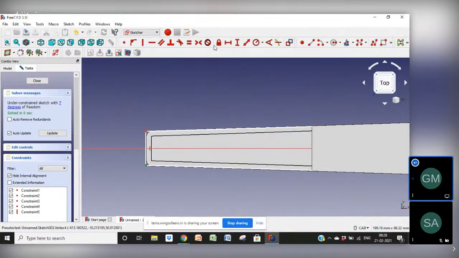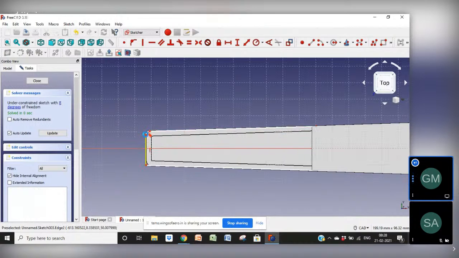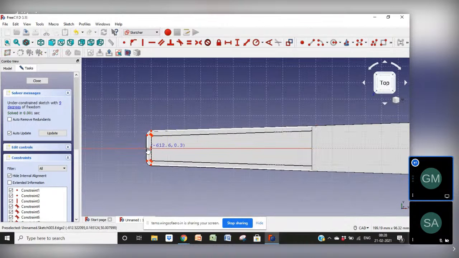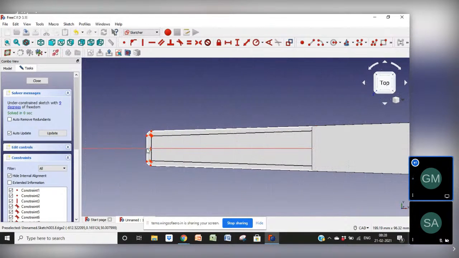Okay, fine. Looking fine, or you can say much fine. Here, I will give some radius. Okay, like this. Now it is exactly over it.